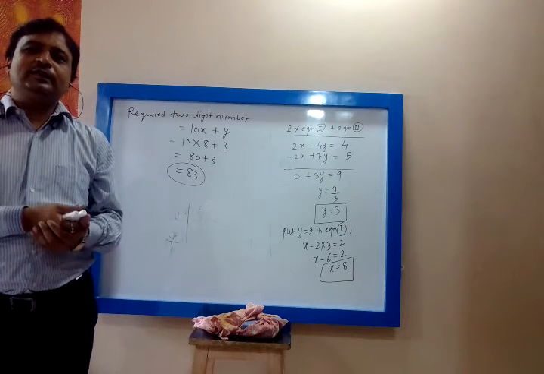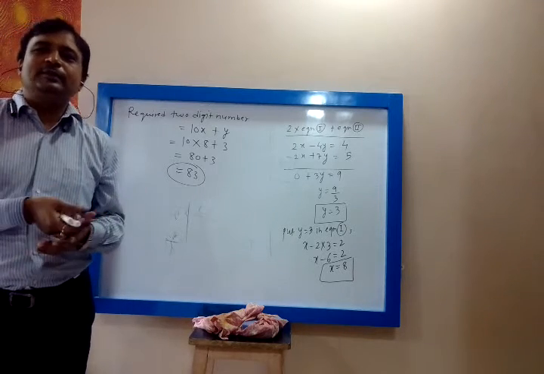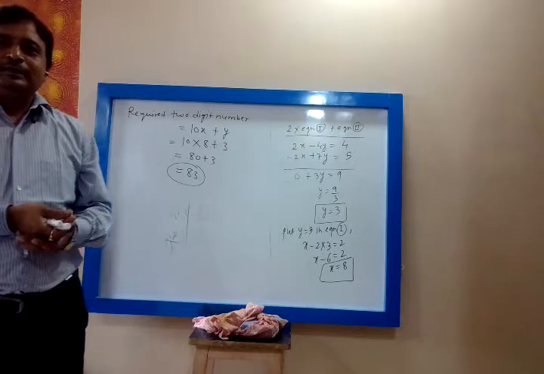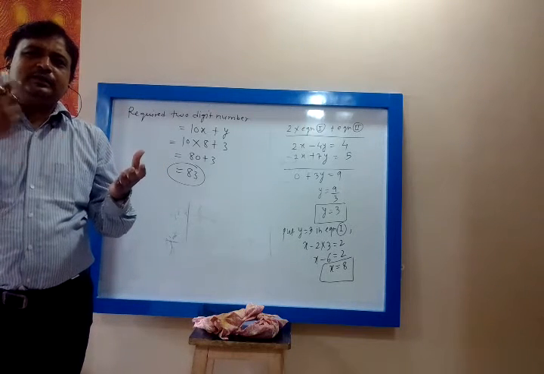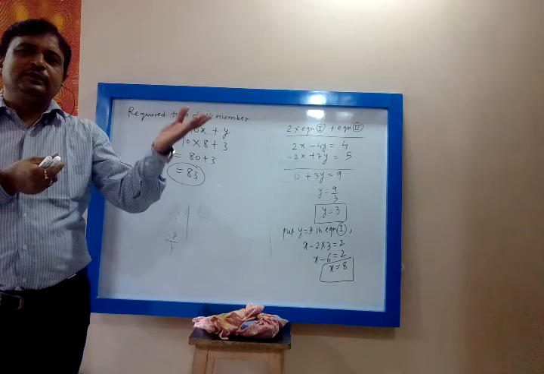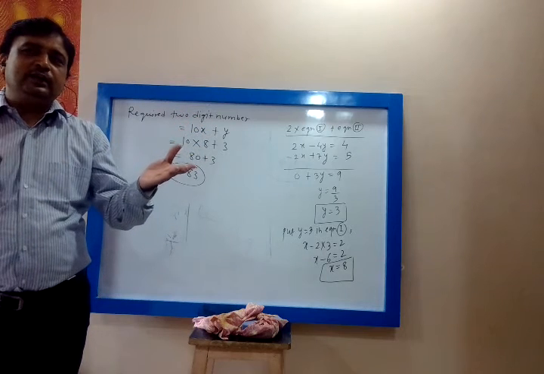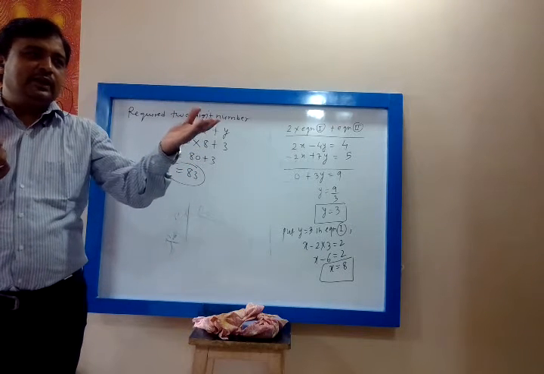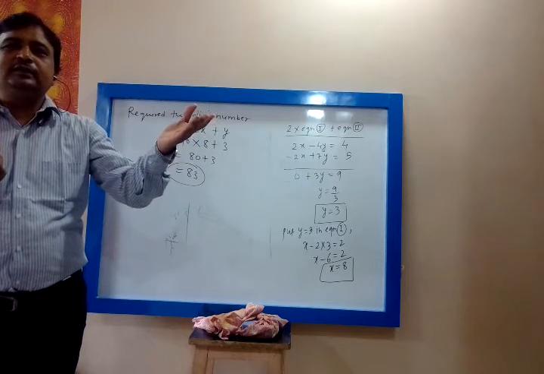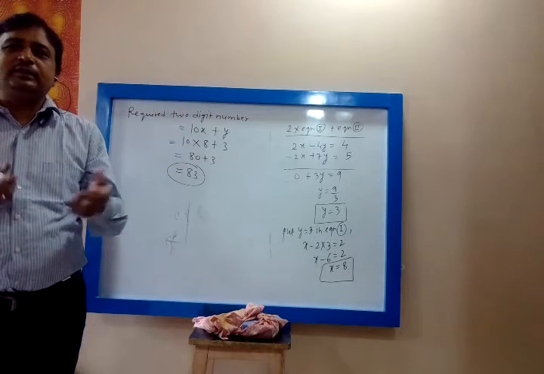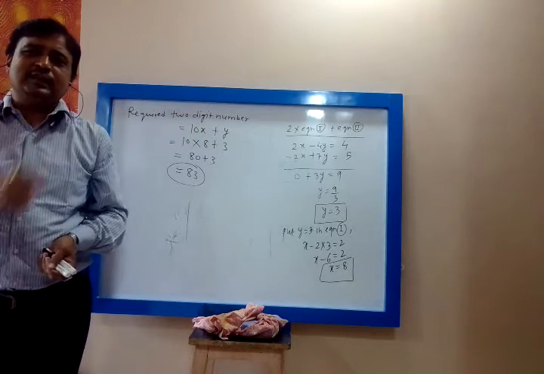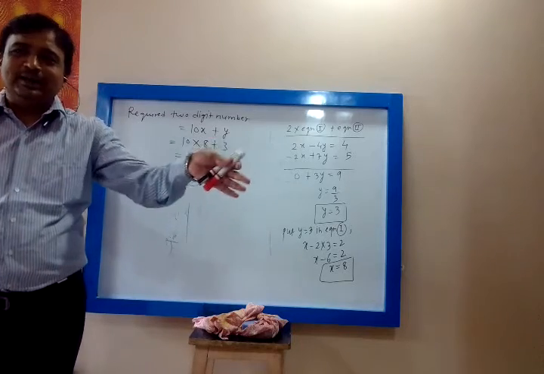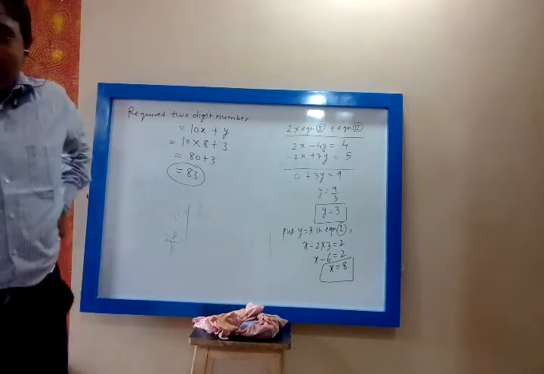The second student took tens place as y, unit place as x. Before completion of the paper, the second student saw the answer. The equation was different: instead of 10x plus y, it was 10y plus x. The second student had done it correctly, but he cancelled his answer and copied that answer. So that should not happen.